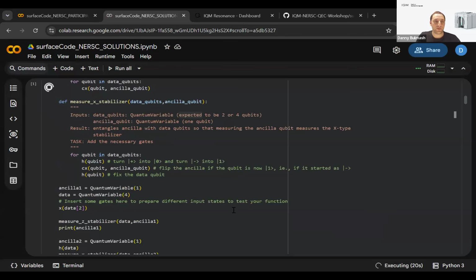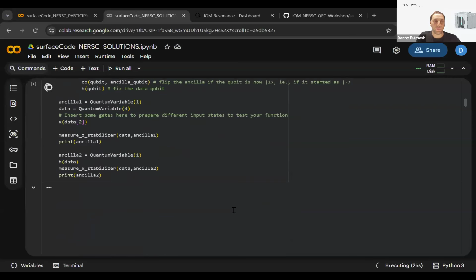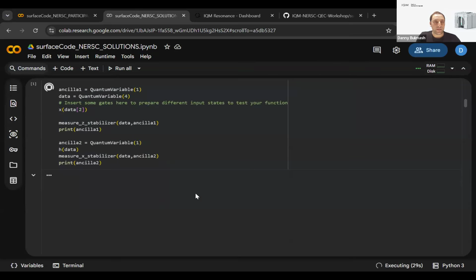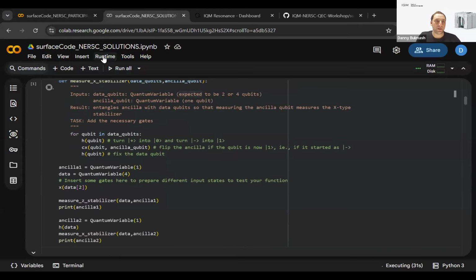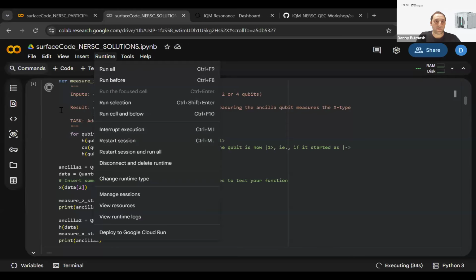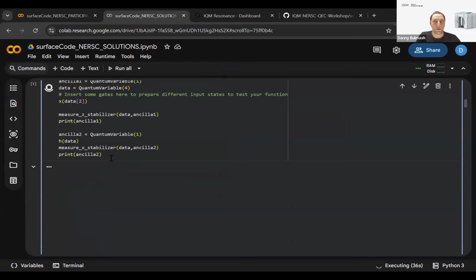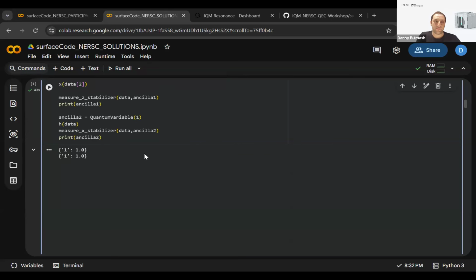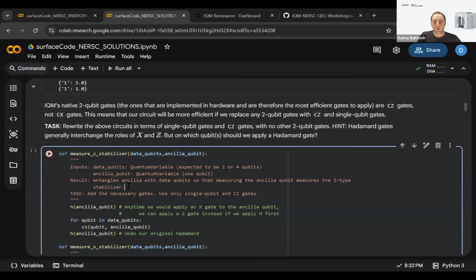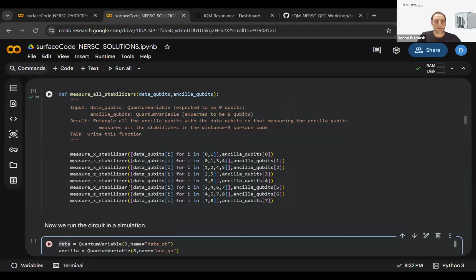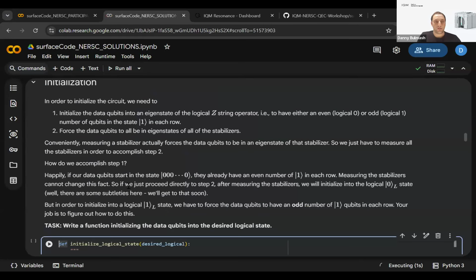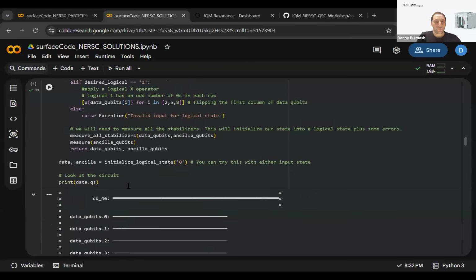Yeah, it's because it's actually doing the big import. So if you're still having problems, restart your runtime, and it should work. Yeah, there we go. Now we're up and running.